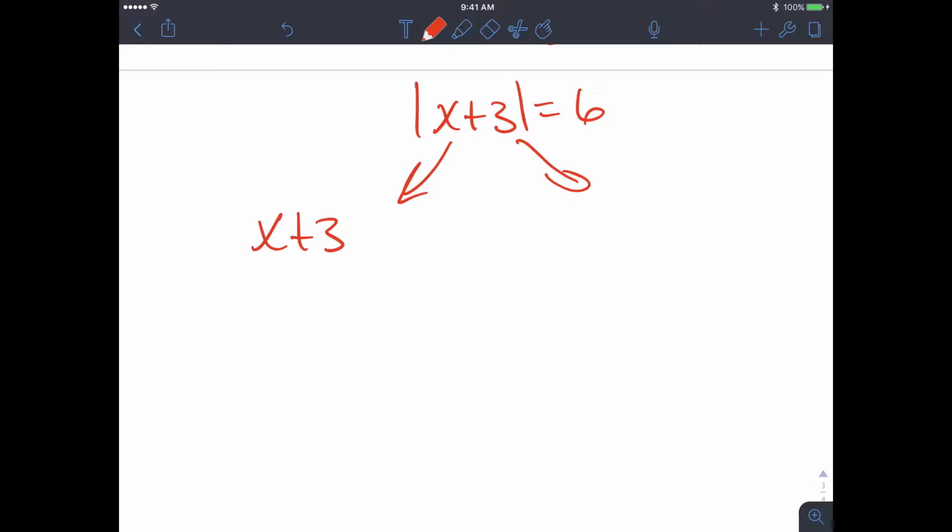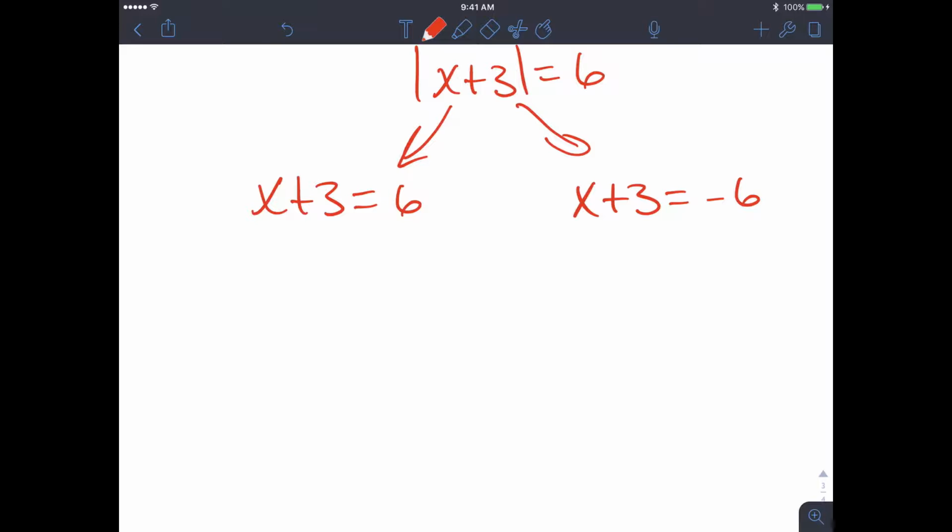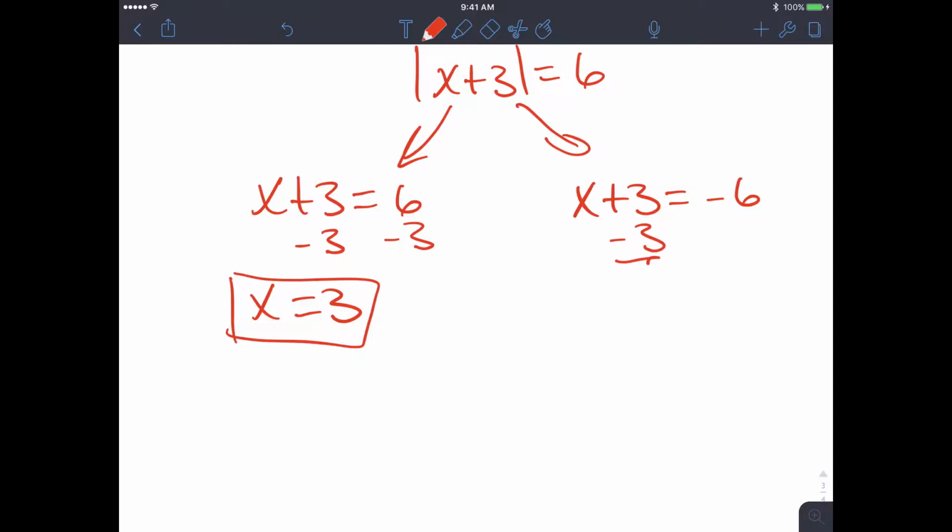x plus 3 equals 6. x plus 3 equals -6. Alright, subtract 3 from both sides. x equals 3. Same thing to the other one. Subtract 3 from both sides. x equals -9.